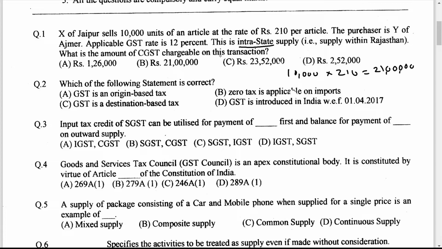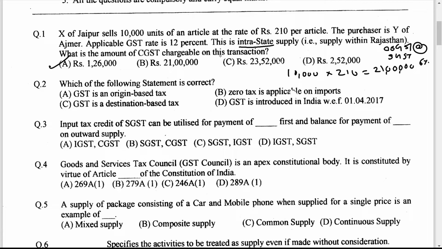The GST rate is 12%, that means CGST is 6% and SGST is 6%, and it is an intrastate supply, that means CGST and SGST will apply. So you have to charge CGST at 6%, and 6% of 21 lakh gives you 1,26,000. A is the answer. So 1,26,000 is your correct answer.